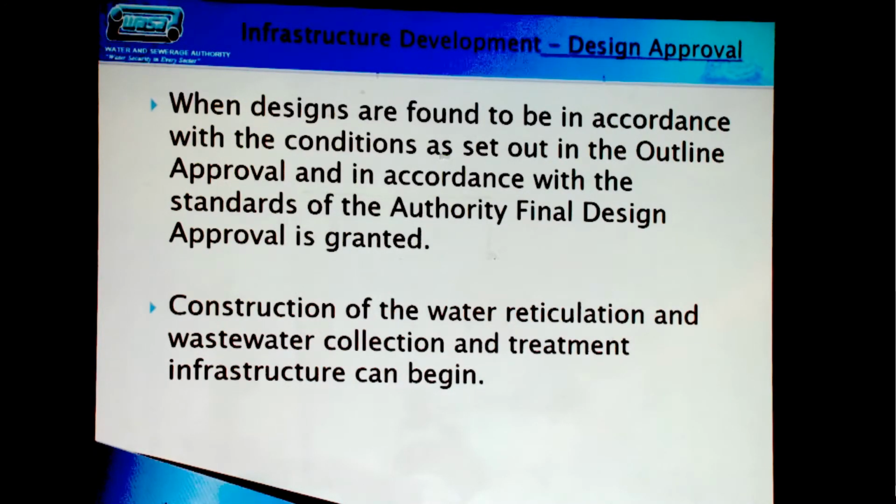At that point, only then does construction begin, because you're required to have the approvals before you begin construction. There are a lot of instances that do happen, but if you refer back to the legal requirements, Section 66.6 of the WASA Act requires that approvals be obtained prior to construction.